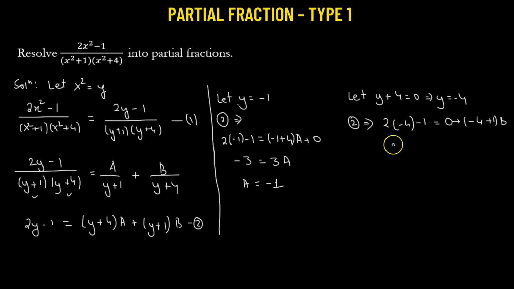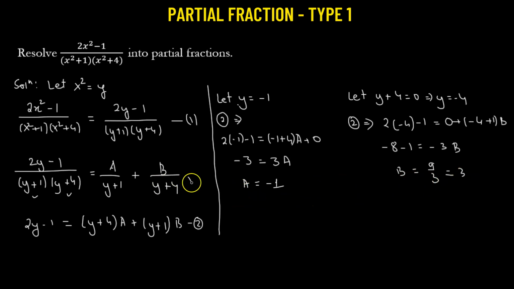So we have 2 times -4, so that's -8. The -8 minus 1 equals -4 plus 1, so that's -3b. So b will be 9 over 3, so that's going to be equal to 3. So we have successfully obtained the value of a and b.